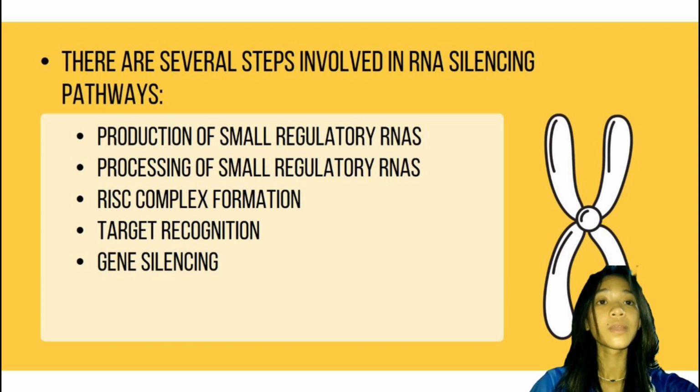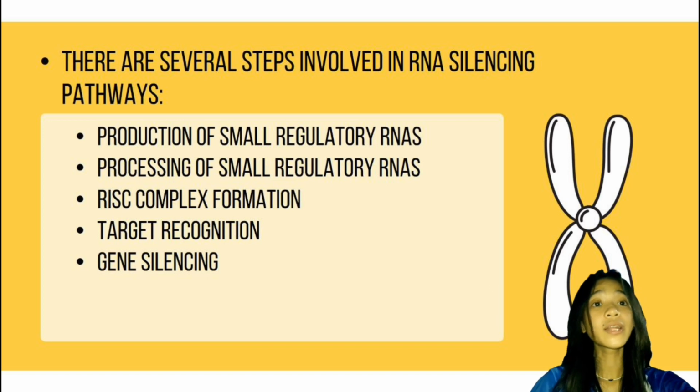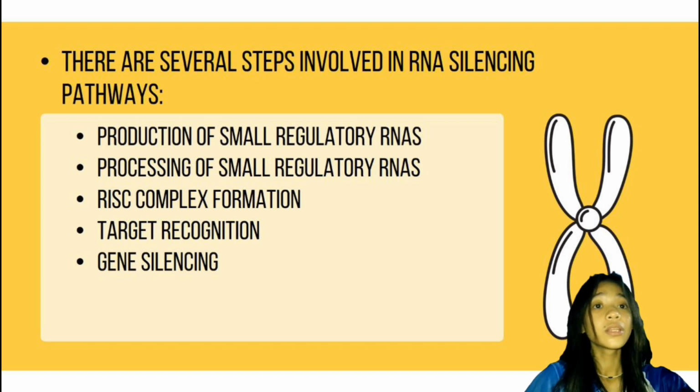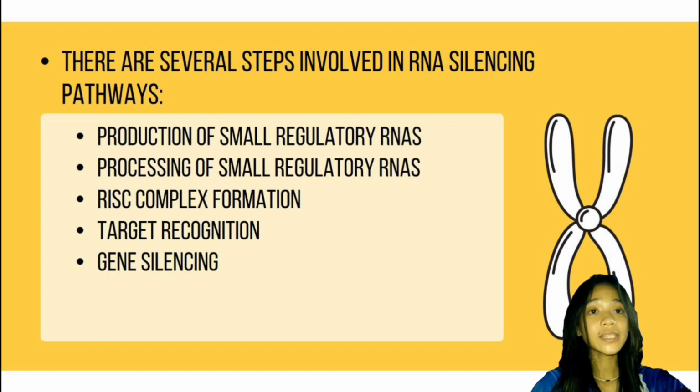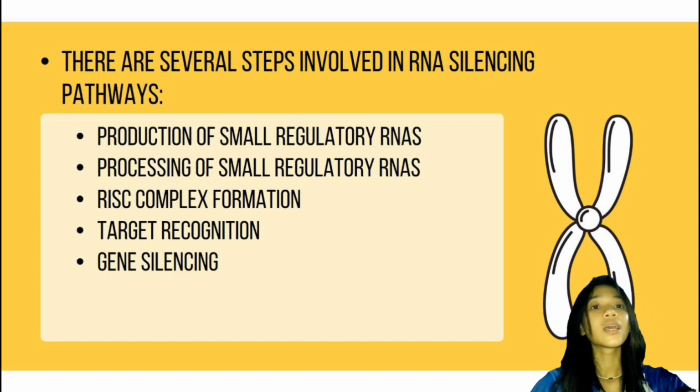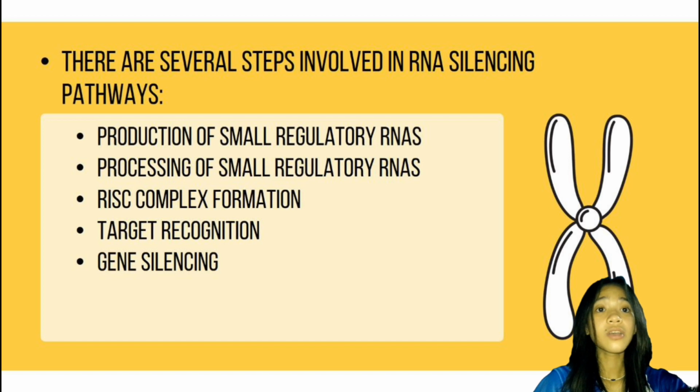So, the specific outcome of RNA silencing depends on the type of sRNA and the nature of its target mRNA. MicroRNAs typically cause translational repression of their target mRNAs, while small interfering RNAs often lead to mRNA degradation.